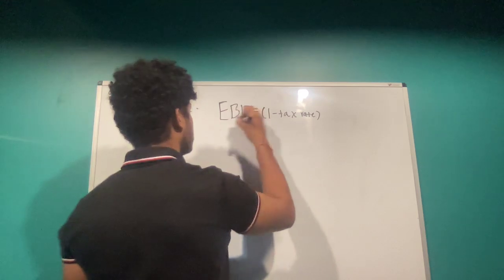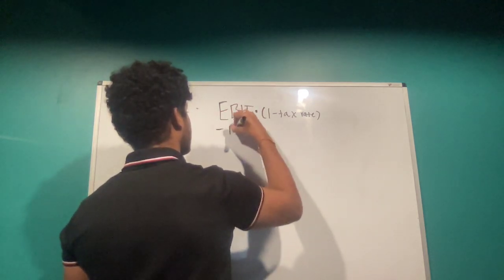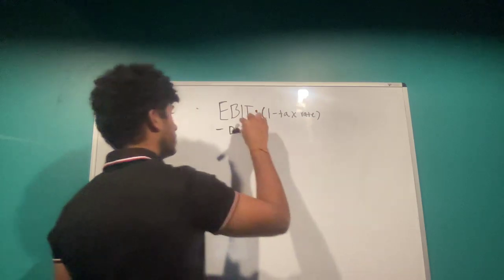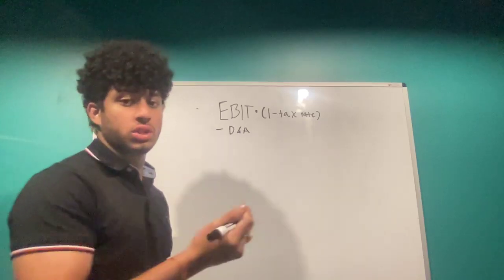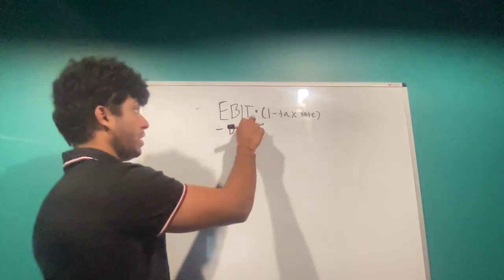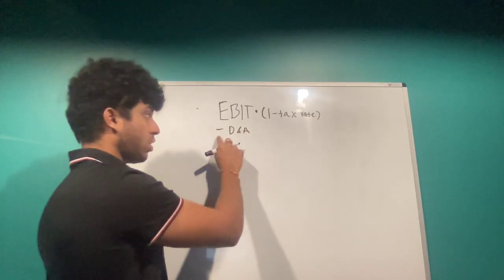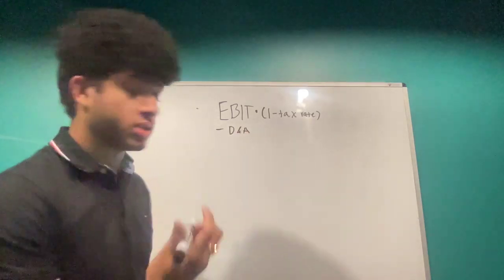Because remember, tax is a cash expense, and this is earnings before interest and tax. And then, once you have that value, you want to subtract D&A, because again, depreciation and amortization is usually included within SG&A or operating expenses. So it is factored into EBIT, and we obviously are subtracting it because it is a non-cash expense.